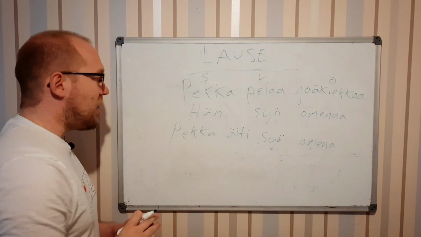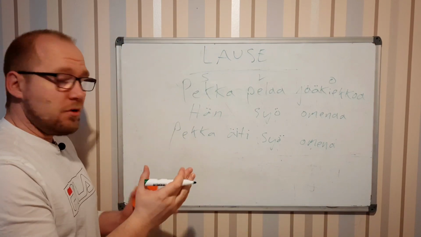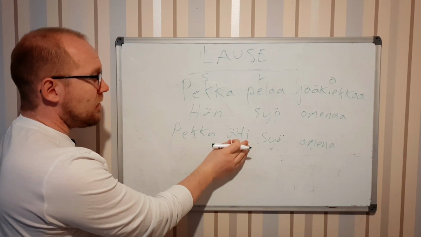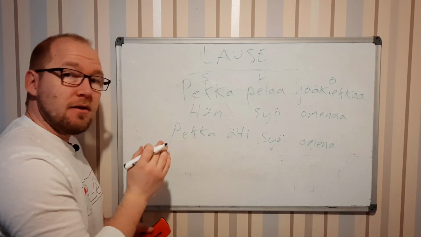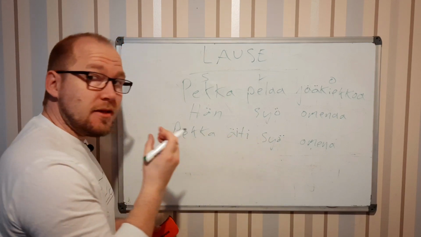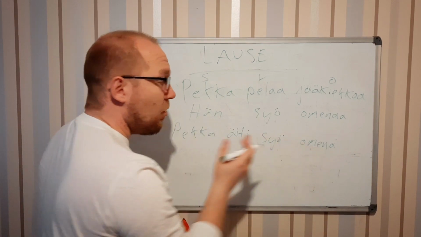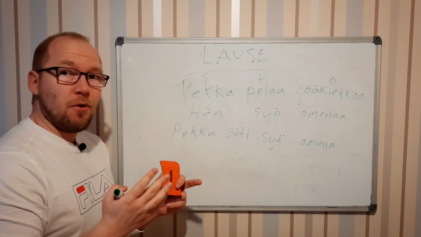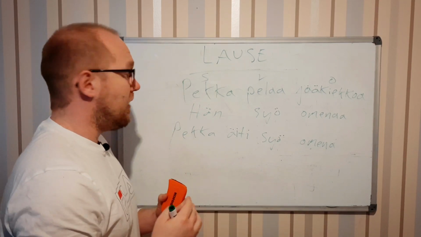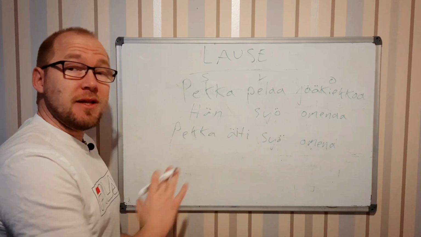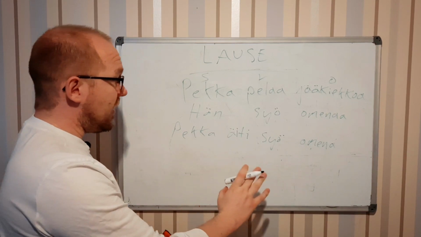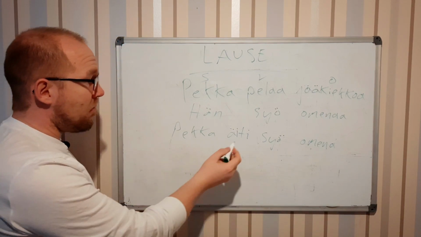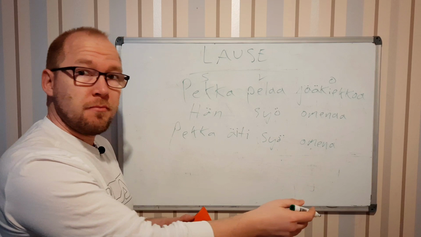So we have a noun, Pekka, we have a noun, äiti, we have a verb, eating, we have a noun, omena. So we have 4 words, okay? So now we have to think, okay, let's do proper sentences in Finnish. So this would be in English like Pekka, mother, eat an apple.